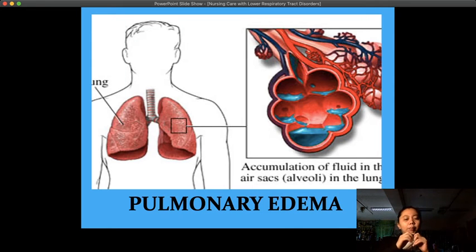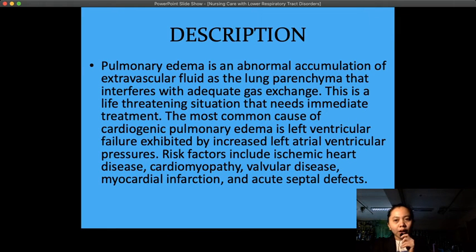Okay, and the next, pulmonary edema. So pulmonary edema is the accumulation of fluid in the air sacs or alveoli in the lungs. Okay, so description. Pulmonary edema is an abnormal accumulation of extravascular fluid in the lung parenchyma that interferes with adequate gas exchange. This is a life-threatening situation that needs immediate treatment.